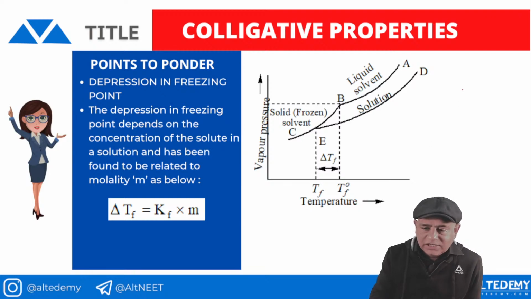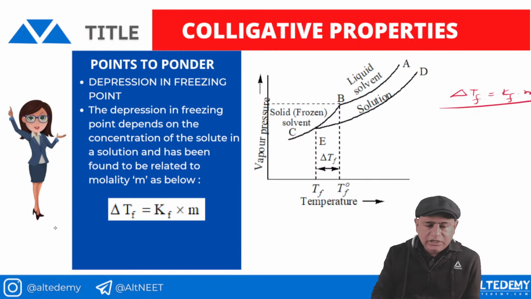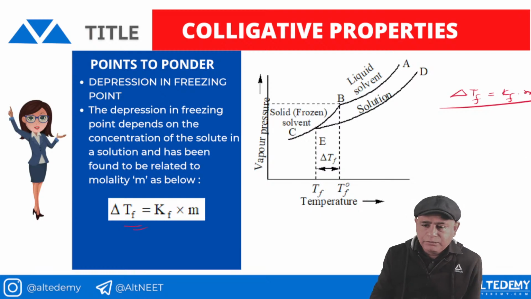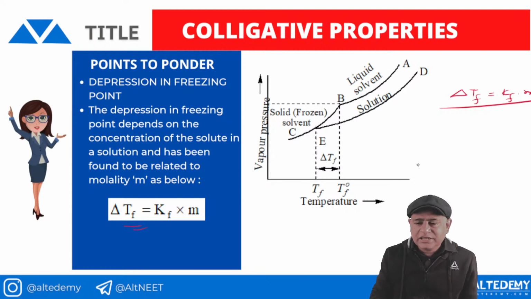Okay. Now we have given depression in freezing point an expression. We call this delta TF is equal to KF into m. This is the expression, as I have mentioned it here also. Delta TF stands for what? Lowering of freezing point. And lowering of freezing point will be same if we take in Kelvin scale or in Celsius scale.